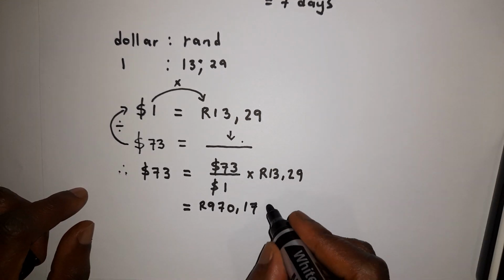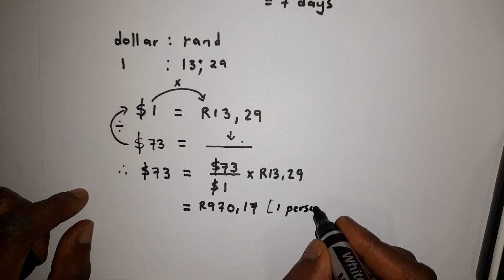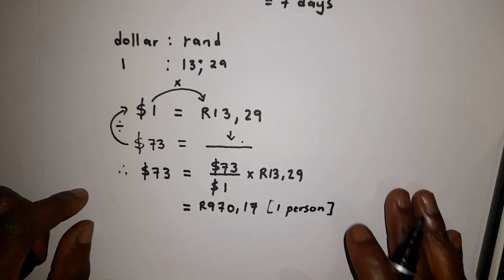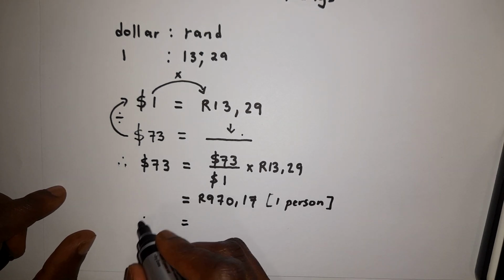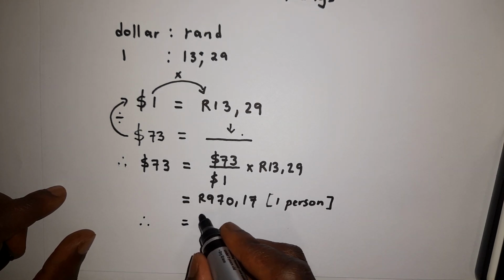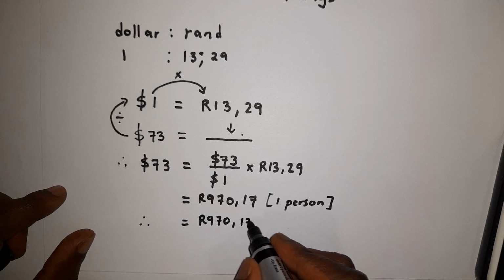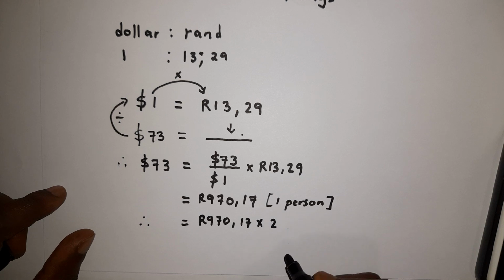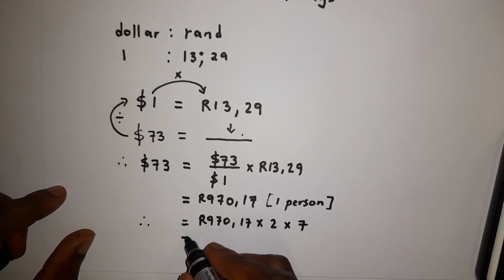Right, however, this is for one person, and we know that we have two people that are going to be spending a week there. Therefore, the total cost is going to be this 970 rands and 17 cents times the number of people, which are 2, times the number of days, which are 7 days.